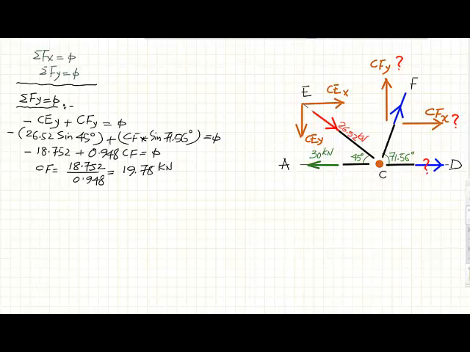And as you see, the answer is positive, so it means whatever direction we assumed for CF is correct. We assumed a direction for CF going away from the joint, that is tension. So we'll mark this as CF equal to 19.78 tension.